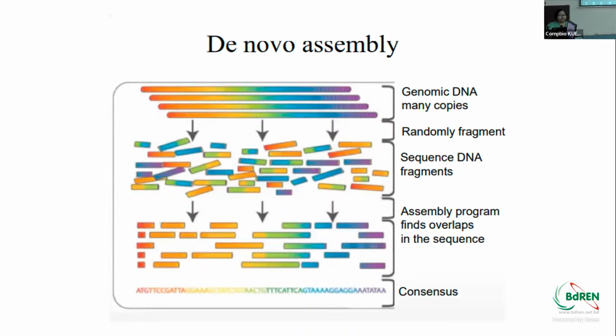So in de novo assembly, you all used puzzle sets in your childhood, or maybe nowadays there are puzzle sets for adults that have more than 10,000 pieces. Imagine reassembling those puzzle sets, and it will be this kind of scenario.